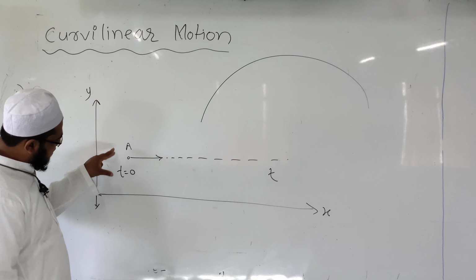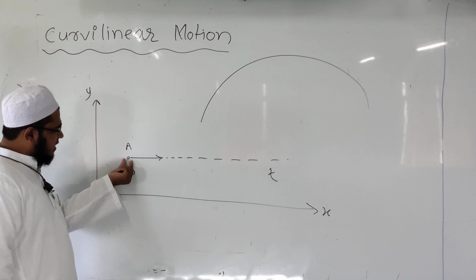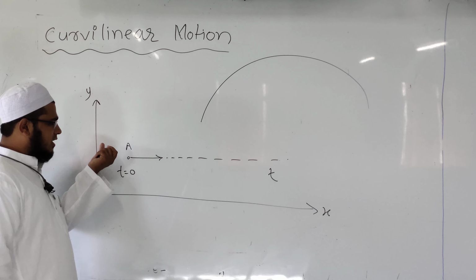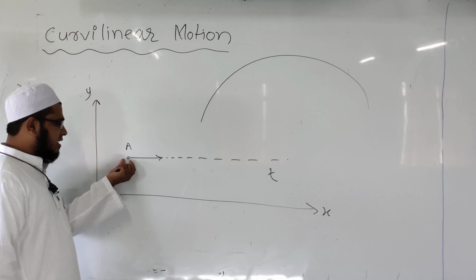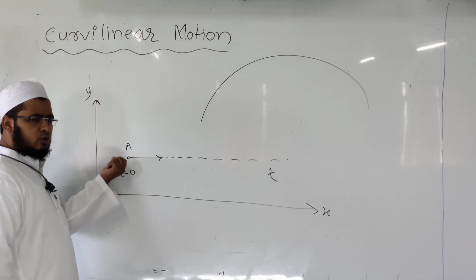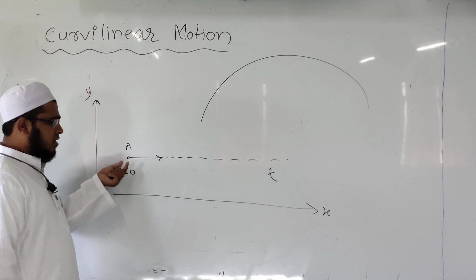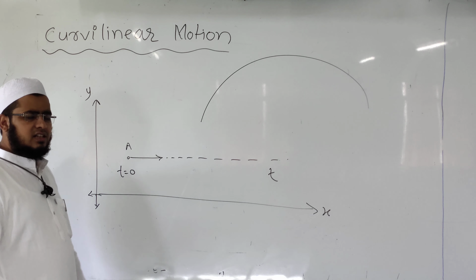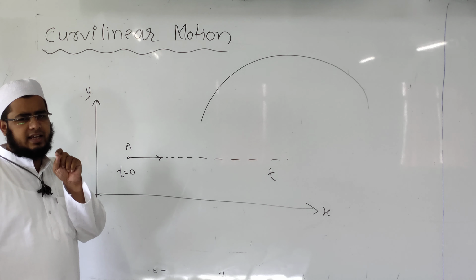So we can see that the particle is moving along its line, moving towards the right, and the coordinate at all the points is changing only for x.